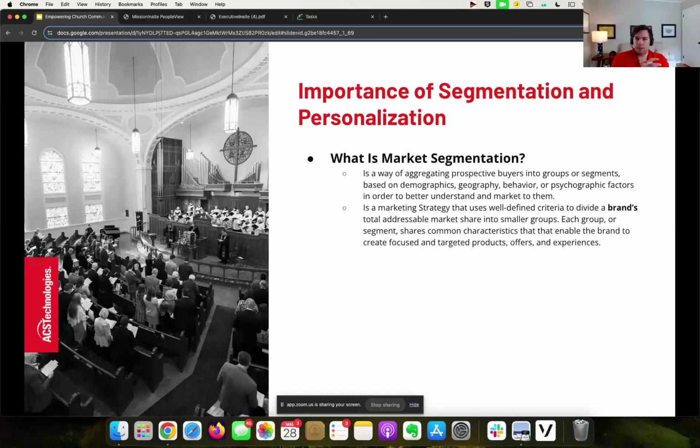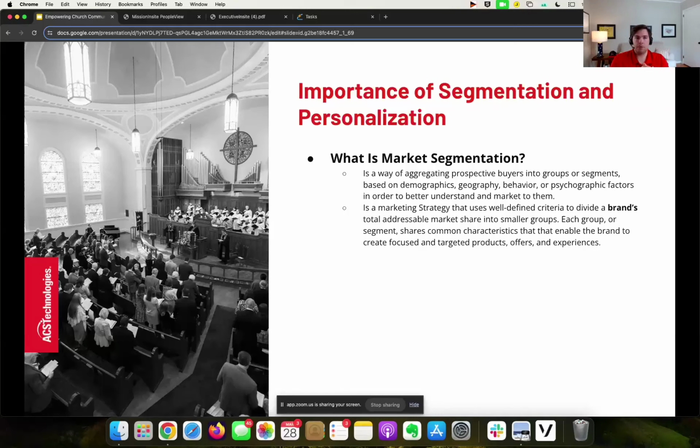So when we think about that definition, this is a very secular definition, but to divide a brand's total addressable market into smaller groups, basically, to apply it to you guys, how do we look at our holistic congregation? How do we look at our holistic mission fields, our community around us? And how do we divide that up into smaller groups?